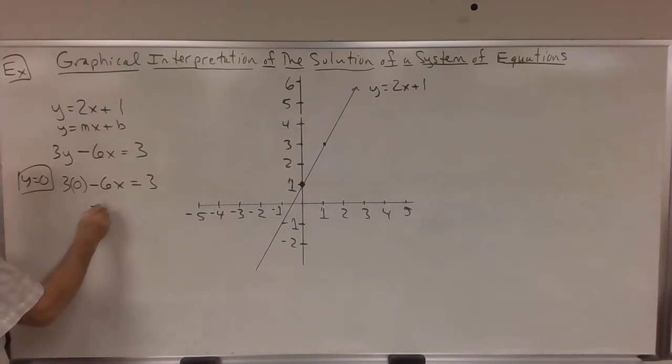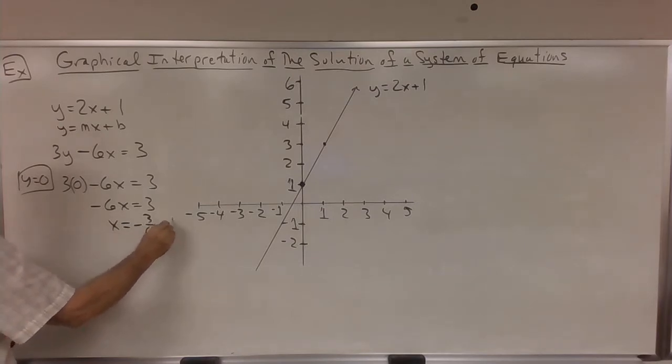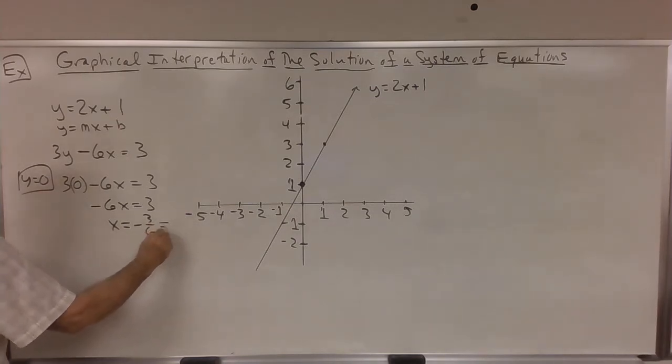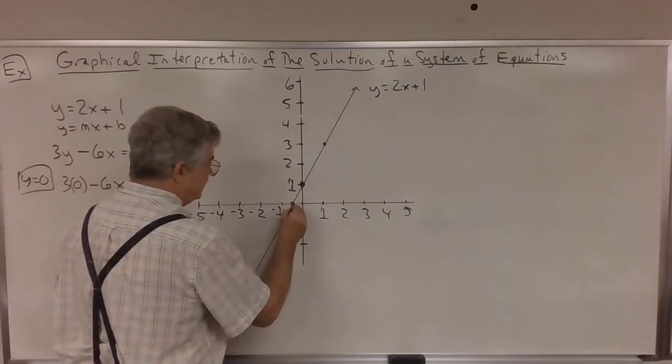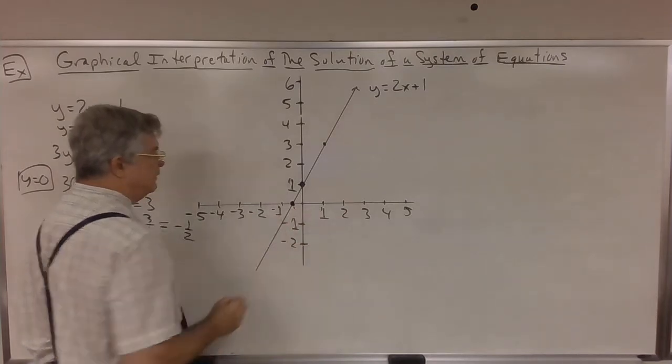So that means negative 6x equals 3. Divide both sides by 6. X equals negative 3/6 or negative 1/2. So y is 0 and x is negative 1/2. So we found a solution there.